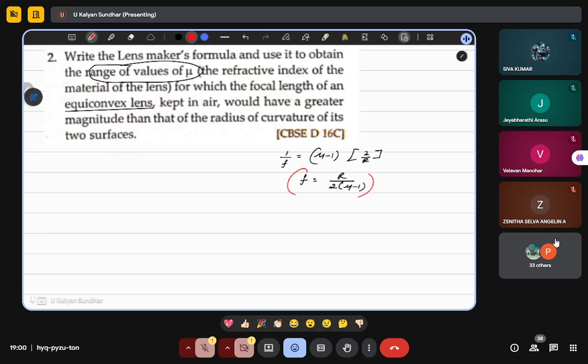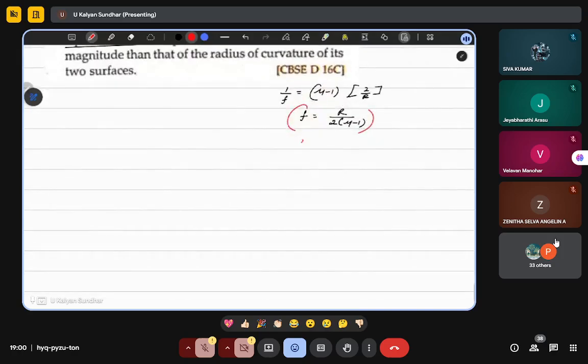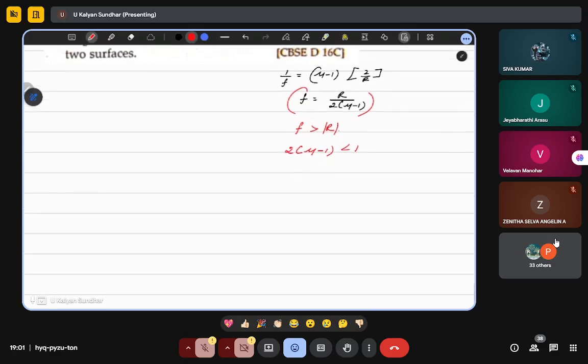General expression: 1 by f is equal to mu2 minus mu1, which is mu minus 1, into 1 by R1 minus of minus 1 by R2, because it is an equiconvex lens, right? So here the focal length has to be greater than the magnitude of your R value. So they are asking what the value of mu should be. Correct? Right? That means 2 times mu minus 1 should be less than 1. Correct? Next.